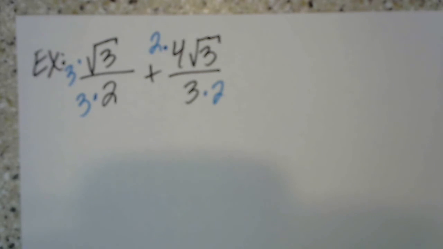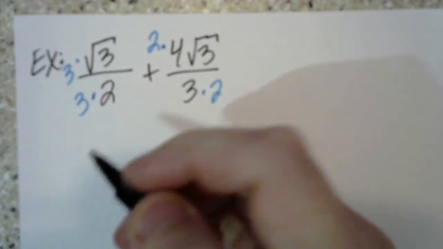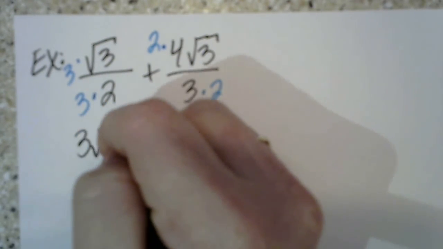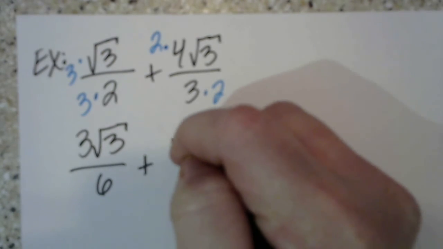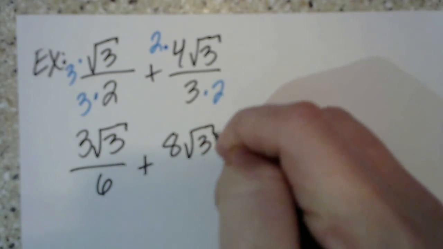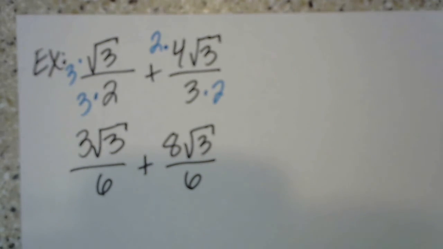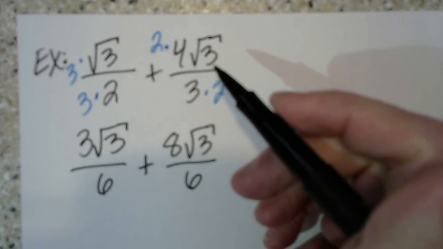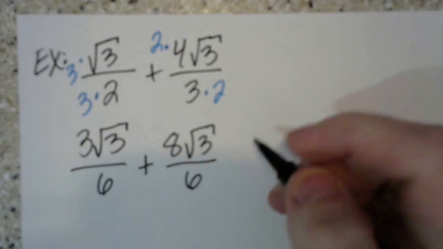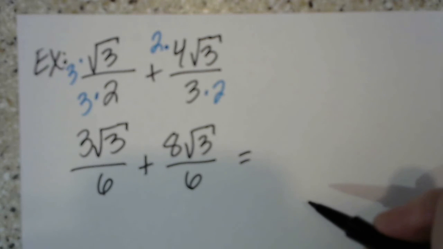But remember, whenever I multiply, this is a whole number. So this actually becomes 3 radical 3 over 6 plus 8 radical 3 over 6. You can only multiply regular numbers like whole numbers with whole numbers and radical numbers with radical numbers. So this is a regular 3, so I don't put it under the radical.